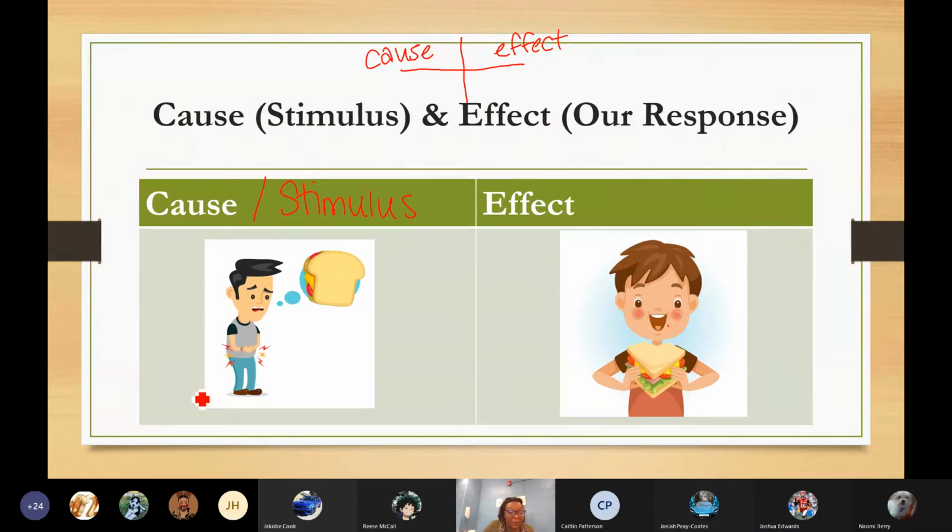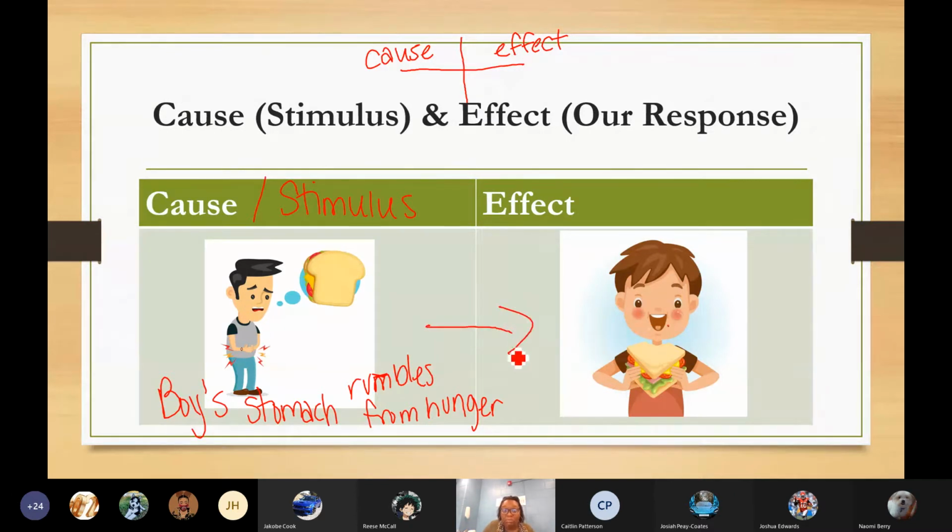The cause in this picture is the boy's stomach rumbles from hunger. So that's the cause. Because of that cause, that's the stimulus, his stomach is grumbling, his body is telling him, feed me.